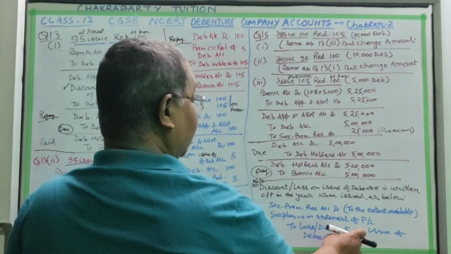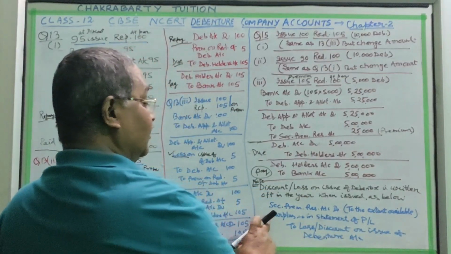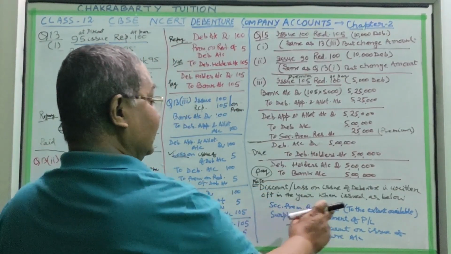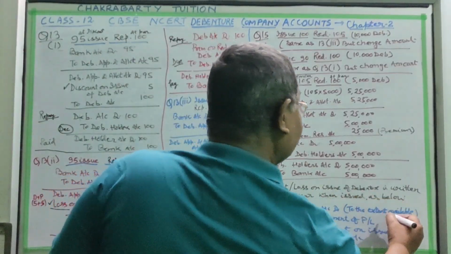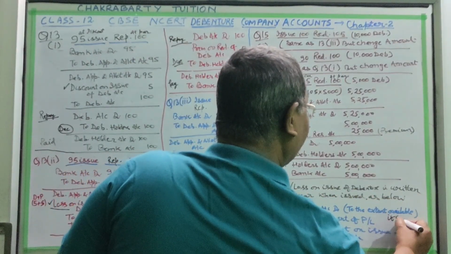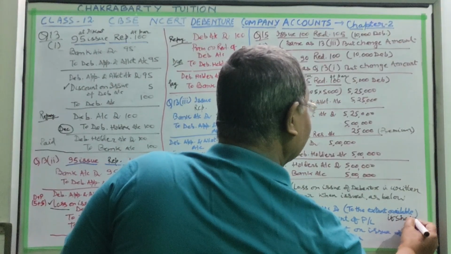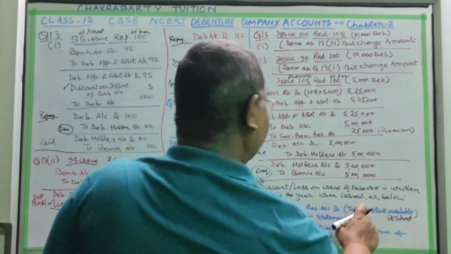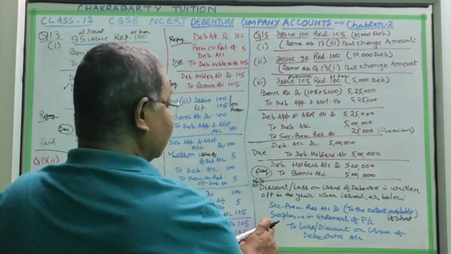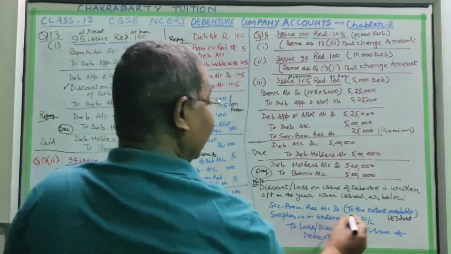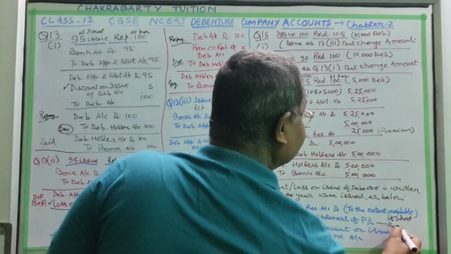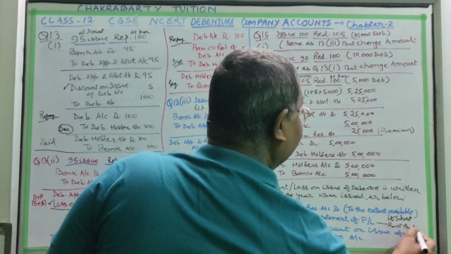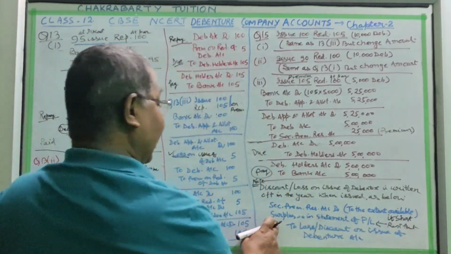If the loss is fully covered, then you need not pass the surplus entry. Otherwise, if it is short, then you debit the rest amount to surplus.